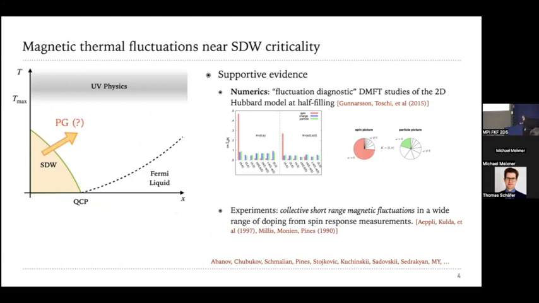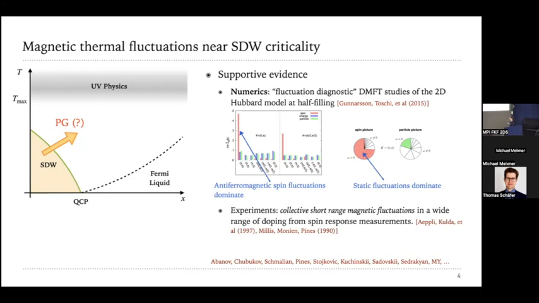There have been several pieces of supportive evidence for this scenario. For example, in the numerical DMFT study, people have found that among various interaction channels, the antiferromagnetic spin fluctuations dominate for the Hubbard model at half-filling. And also, one can show that the static fluctuations dominate over the dynamical fluctuations.